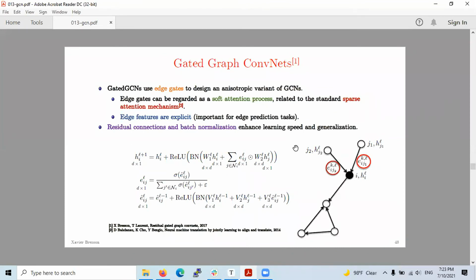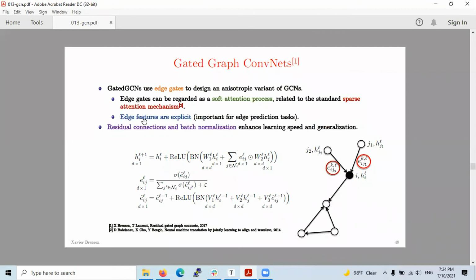It is particularly important to note that all of these networks have explicit edge features. From my understanding of what I've studied in this area, the edge features are explicit in the sense of their importance for edge prediction tasks.